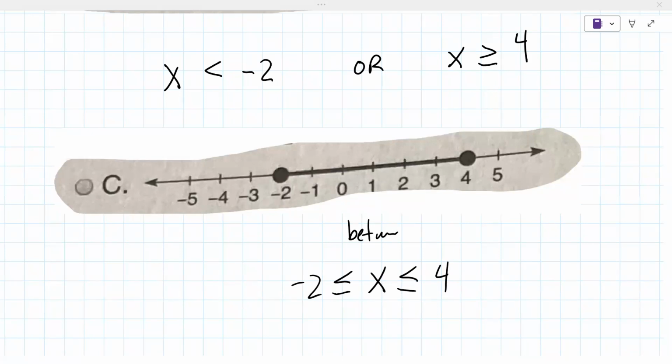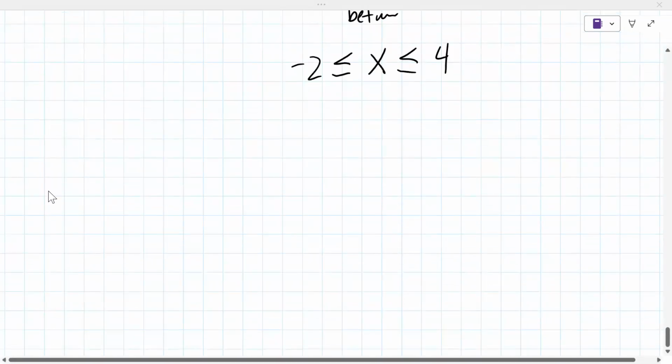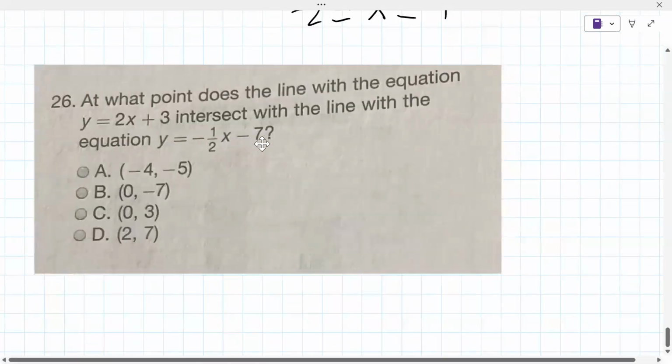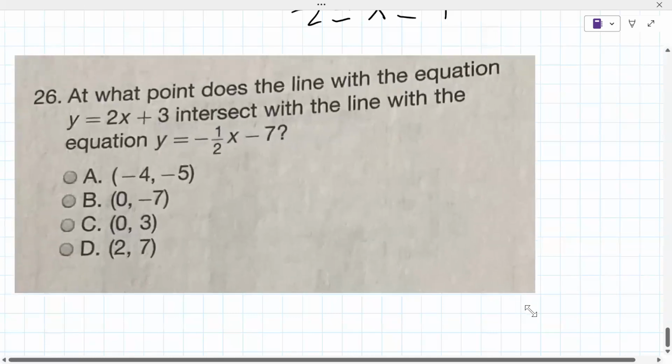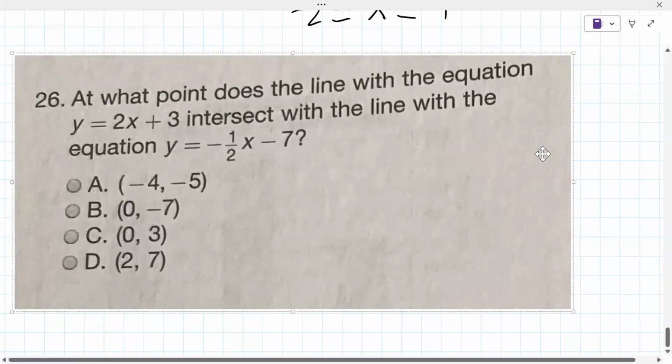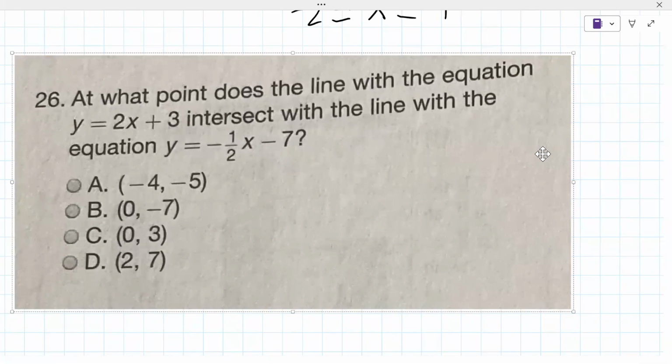Okay, so let's look at 26. We are running out of time, but we'll finish up the question for sure. So the way to do a lot of these is to try the answers. It says here, at what point does the line with the equation y equals 2x plus 3 intersect with the line with the equation y equals -1/2 x minus 7?